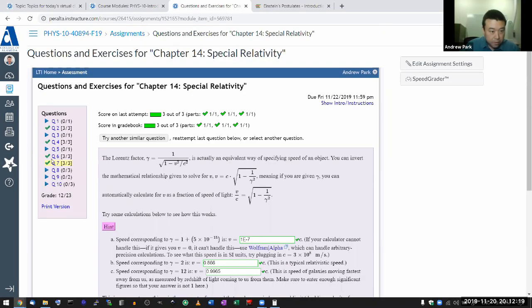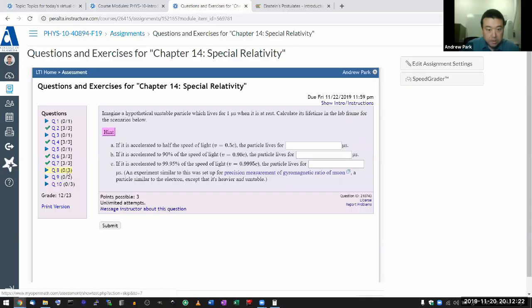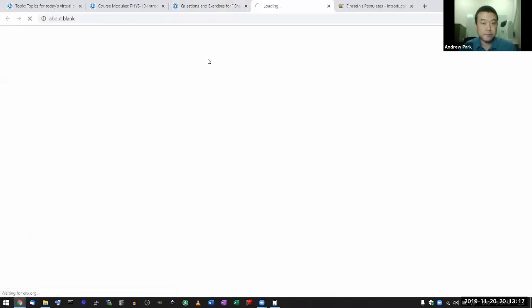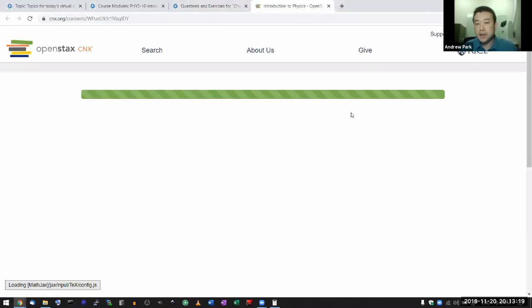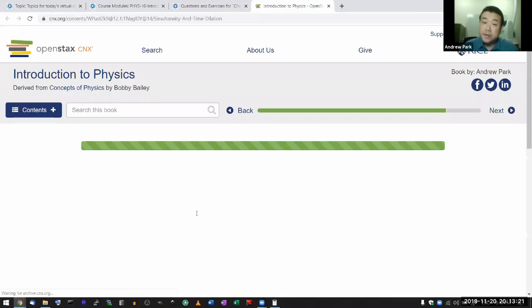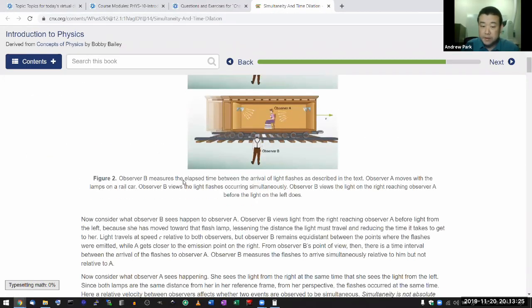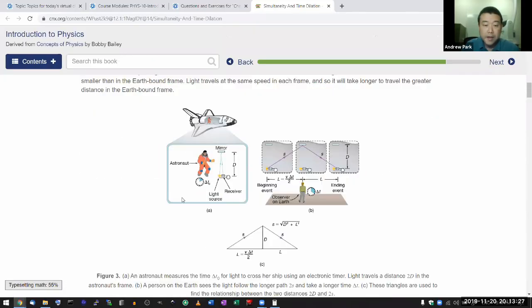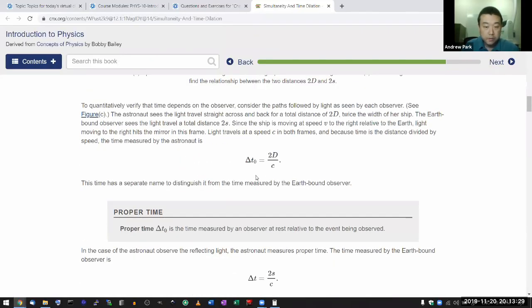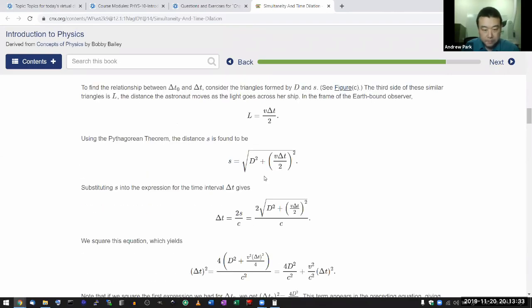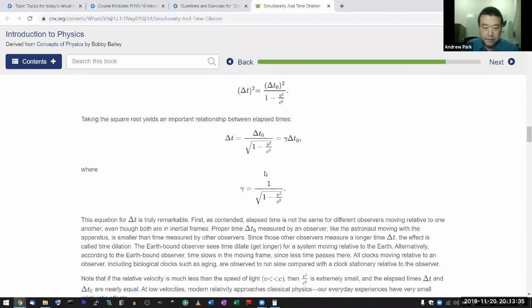I think I have some more calculation questions. Let's see. All right, so you should read section 14.2, which will give you the time dilation formula. The time dilation formula says that if we have something taking some amount of time, tau or delta t naught, proper time, read through that, please.